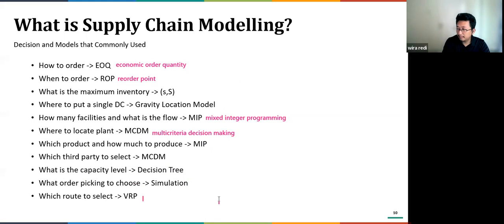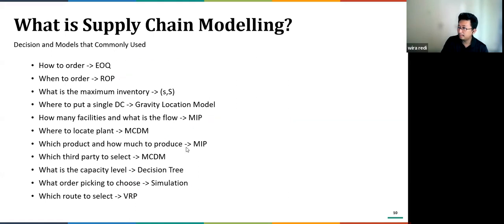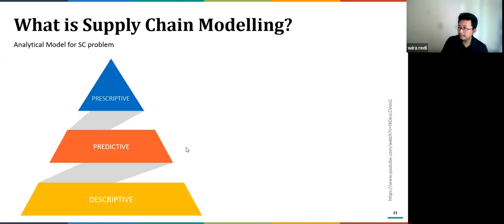The one I talked about earlier, how to create the best route for your vehicles, is called the vehicle routing problem model. It's also part of integer programming problems, but it's more specific to routing problems. Okay, this is just a quick preview.